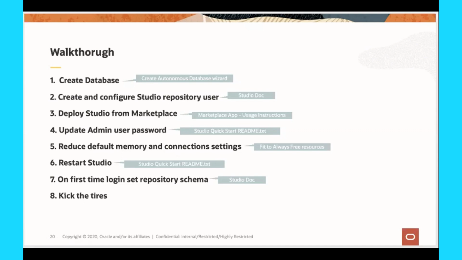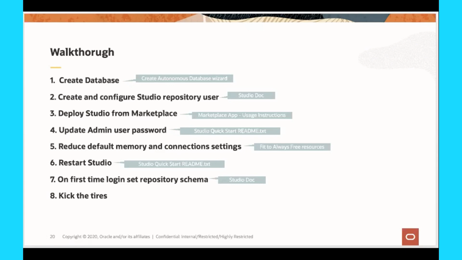We'll start by creating a database, and the little callout to the right is where we get the information for it. So we're going to create a database using the Create Autonomous Database wizard. We're going to configure the database user that Studio is going to need, which is described in the Studio documentation. We're going to deploy Spatial Studio from the Cloud Marketplace, using the free Studio, to the always free compute.